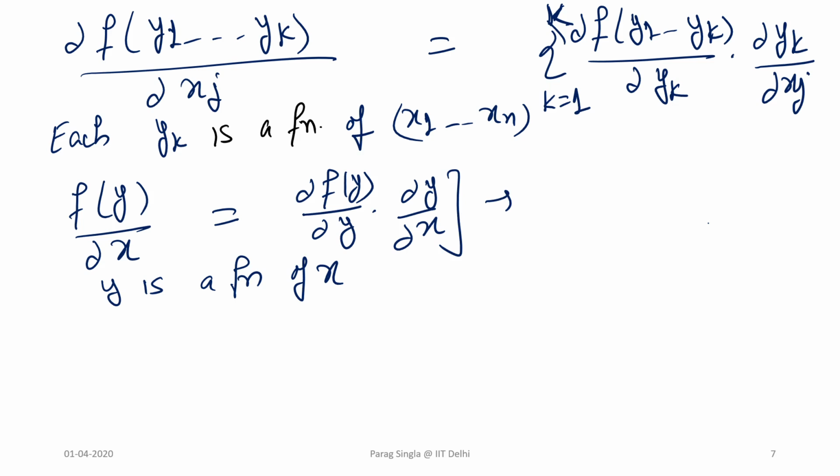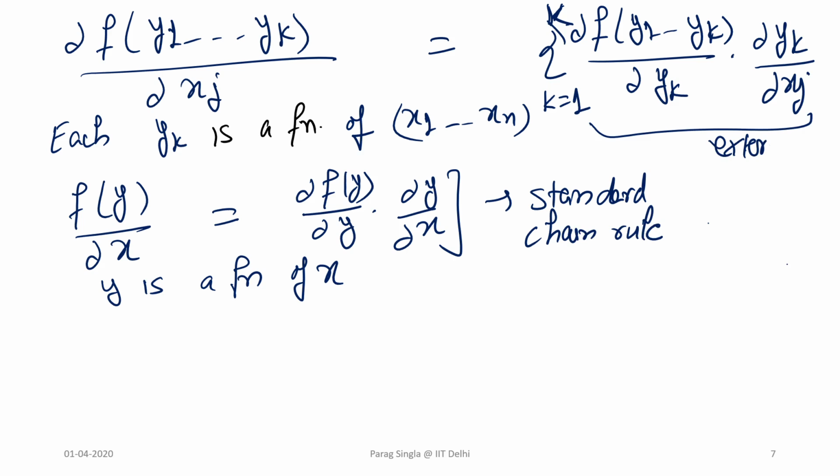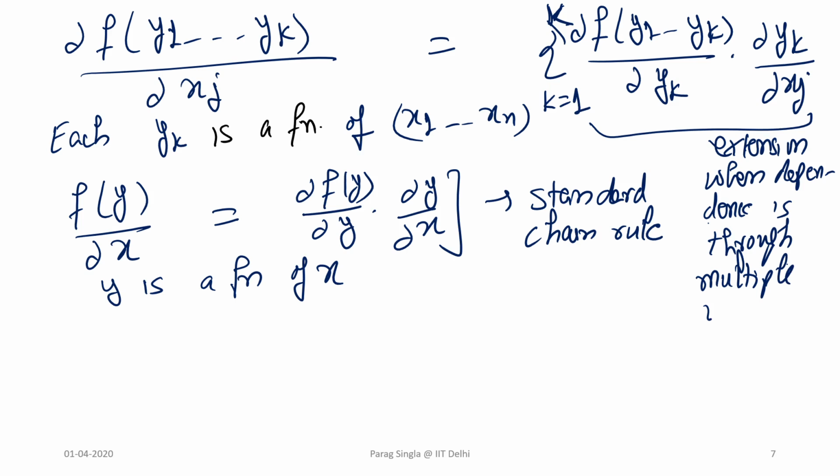So this is the standard chain rule. And the case above is an extension, if you will, when the dependence is through multiple variables.